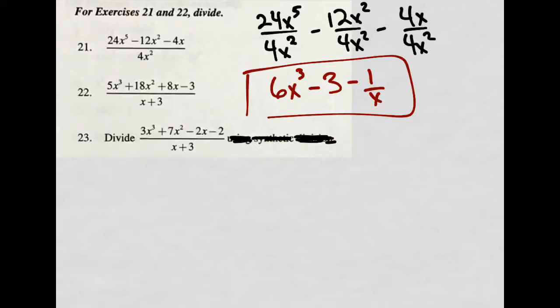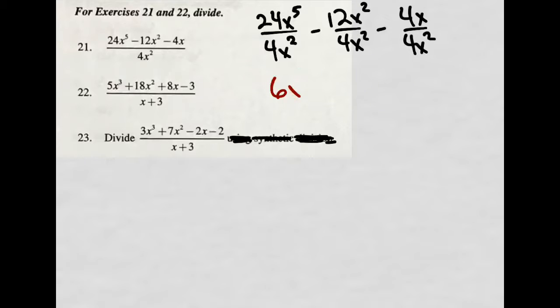All right, 22, we'll actually work that like a division problem. So let me get some stuff out of the way here. So here we go. 5x cubed plus 18x squared plus 8x minus 3.